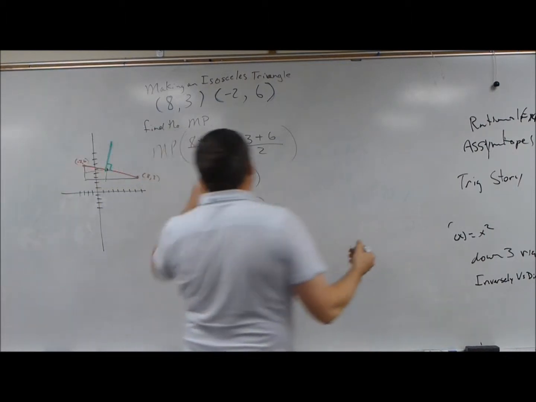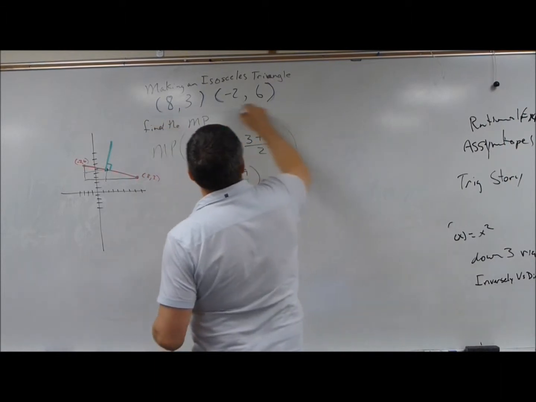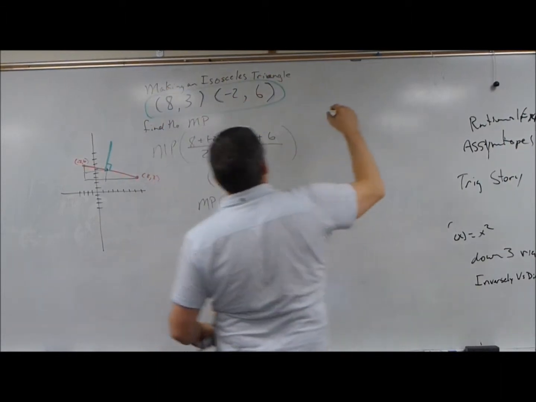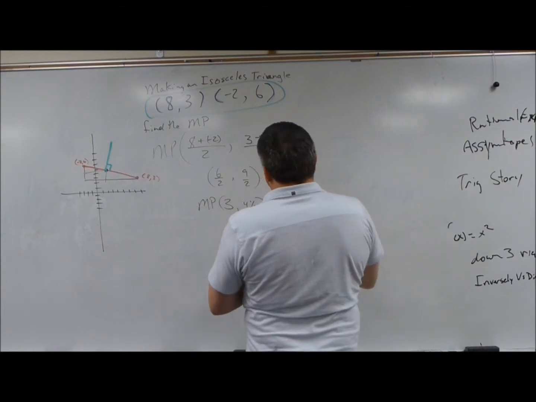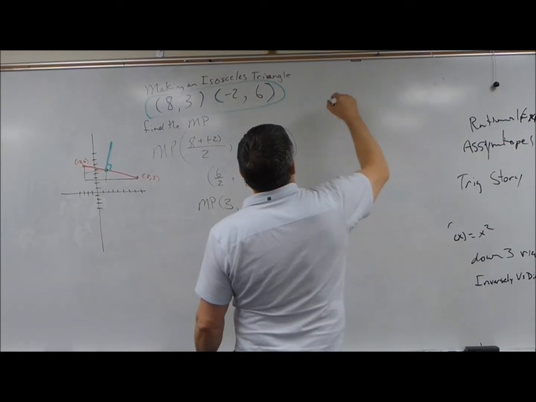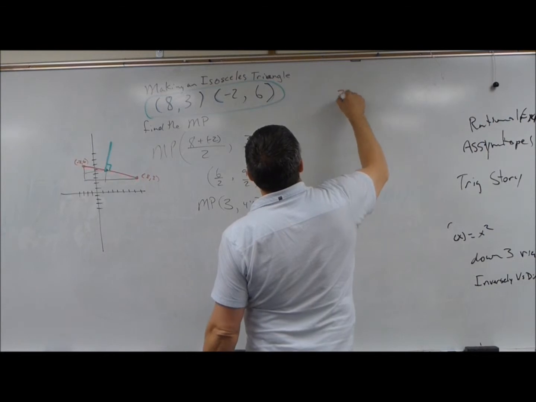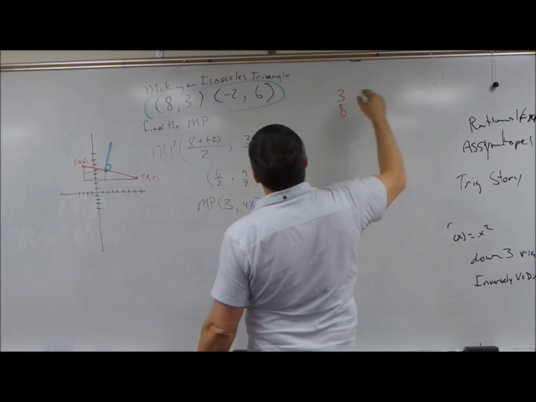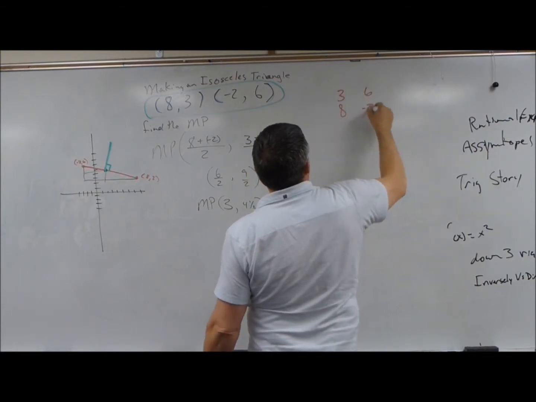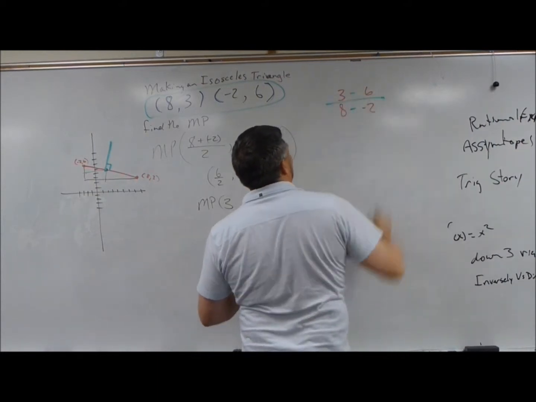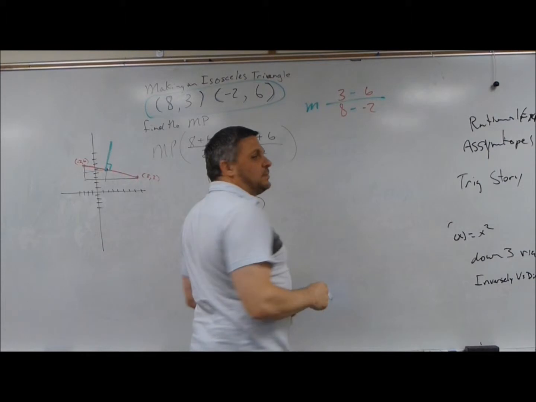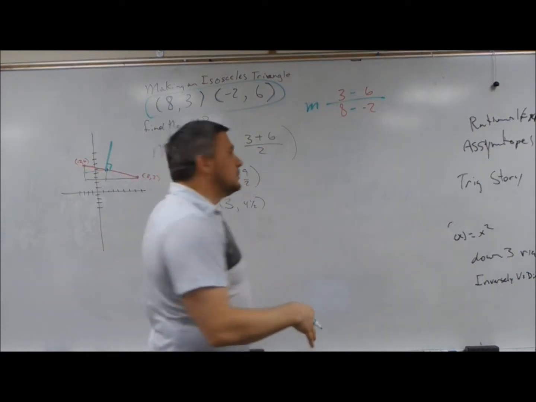So we're back to flip it and smack it. So you take these, right? This one, and it's going to be flipped where y is on top. 3 over 8, 6 over negative 2, and then smack it. Smack, smack, run. So that's my slope of the original line.